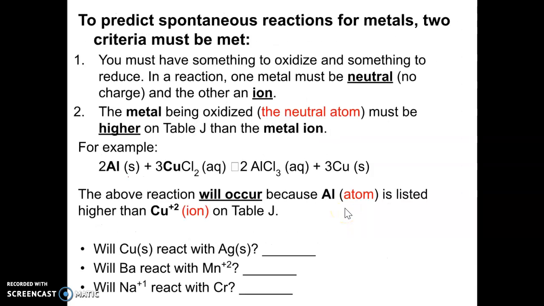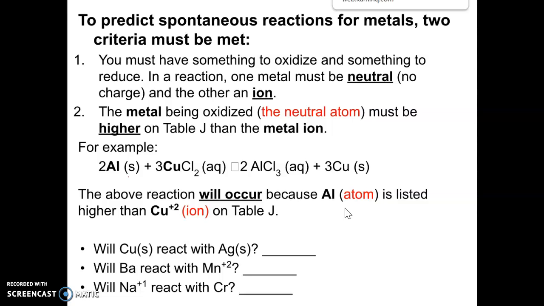Okay, so to predict spontaneous reactions for metals, two criteria must be met. The first, you must have something to oxidize and something to reduce. In a reaction, one metal must be neutral, no charge, and the other an ion. The metal being oxidized, or the neutral atom, must be higher on Table J than the metal ion.